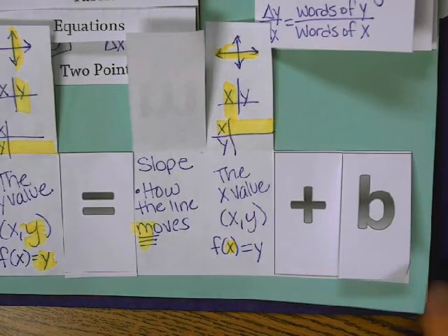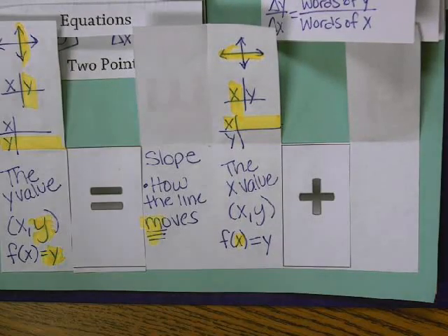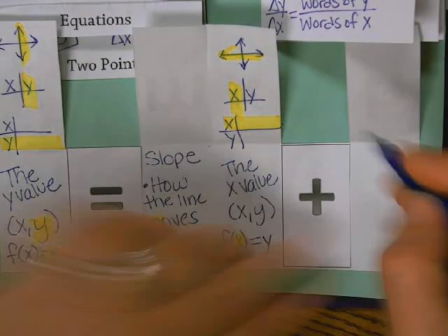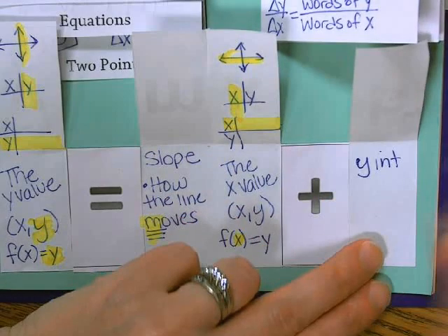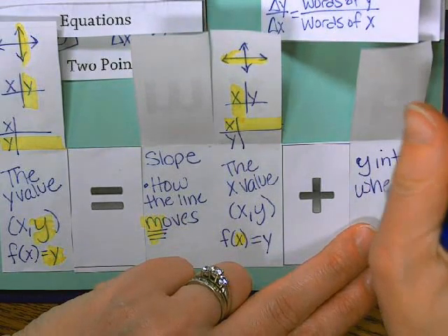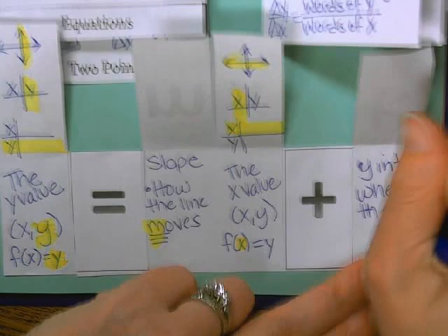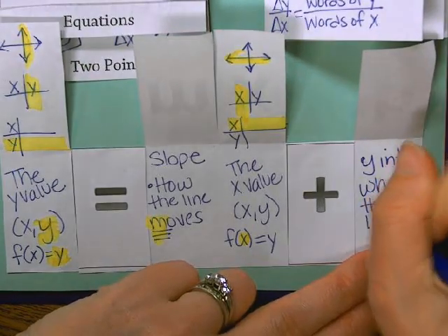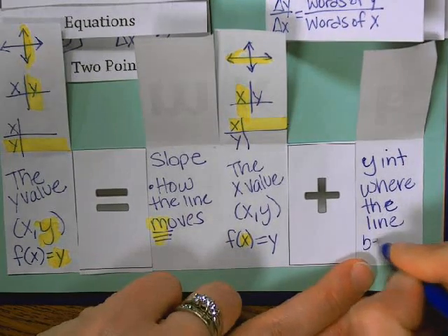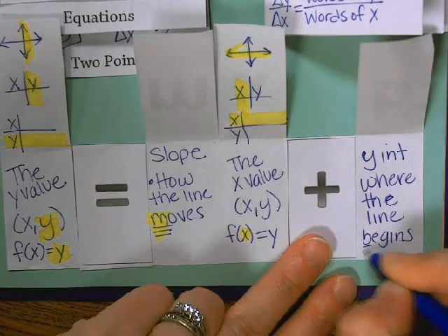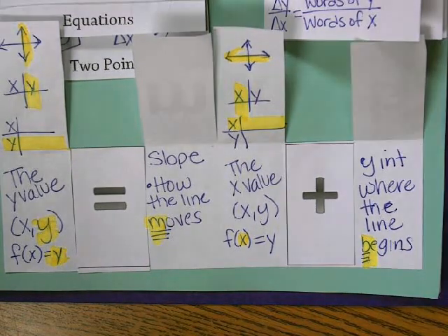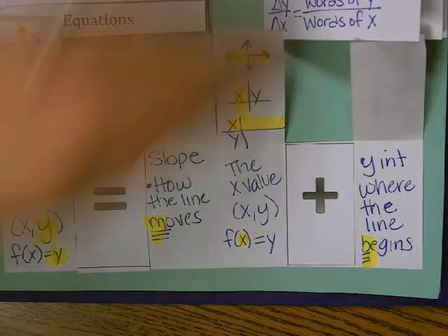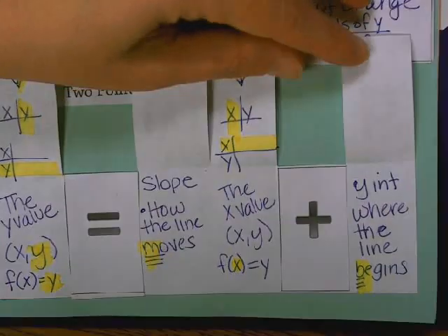Alright, last up on this equation is b. What does b stand for? It stands for the y-intercept. It stands for where the line begins. Okay? So, let's talk about a table and a graph for this one real quick.